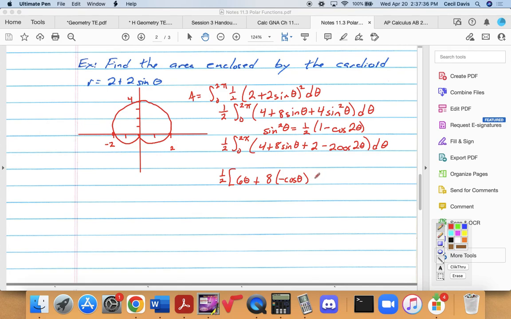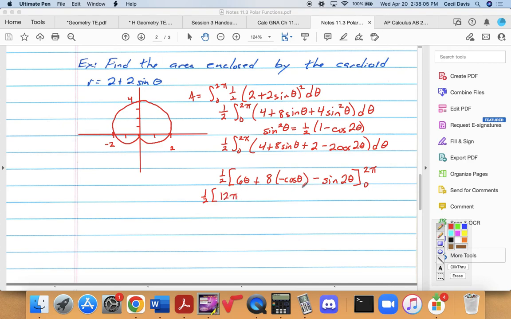And here's another place where it's easy to go wrong. Minus sine 2 theta, from 0 to 2 pi. So this will be 1/2 of 12 pi.